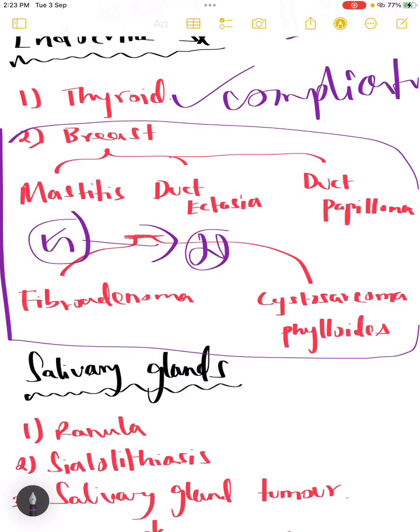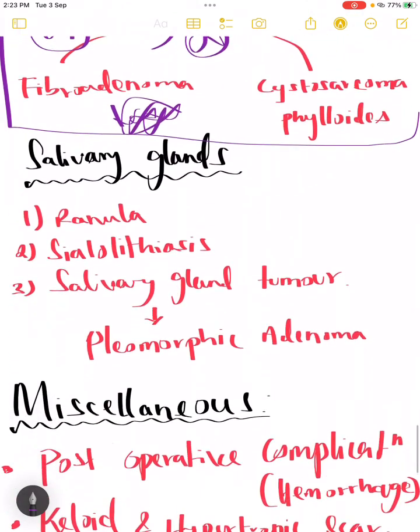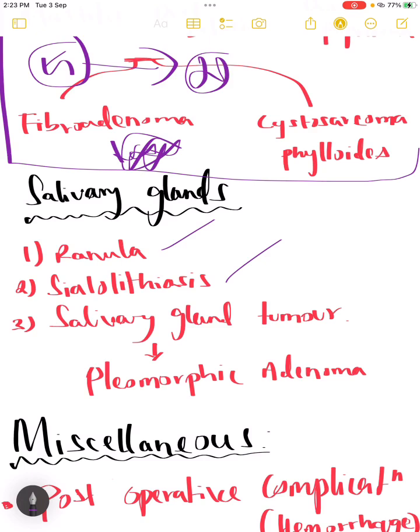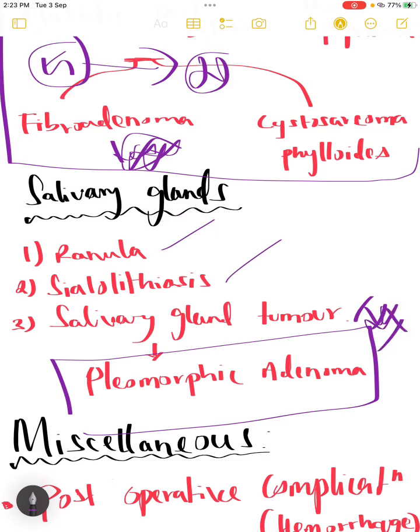Mastitis and ductitis are very, very important topics. Apart from this, fibroadenoma is also very important here. Then salivary gland: ranula and sialolithiasis, sorry. Then pleomorphic adenoma is something very, very important. They ask this in the July paper also. So pleomorphic adenoma is also important.